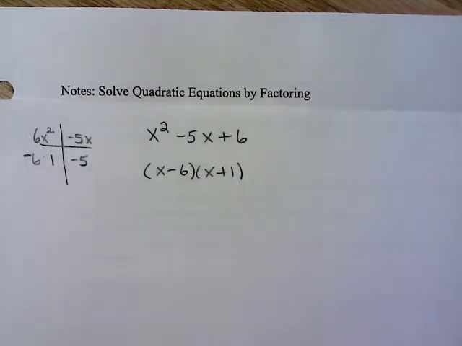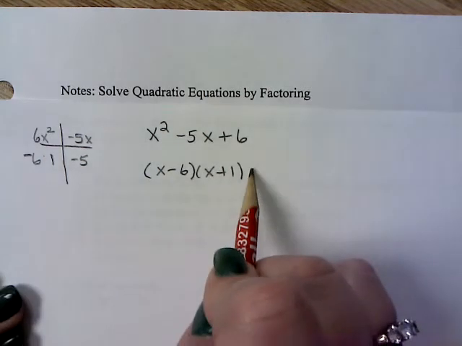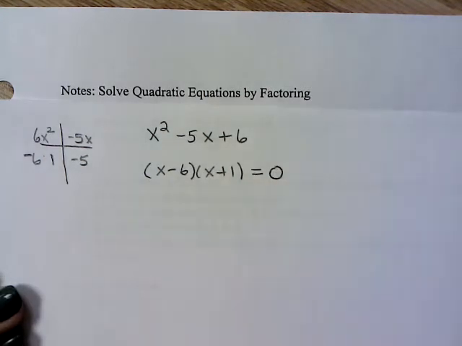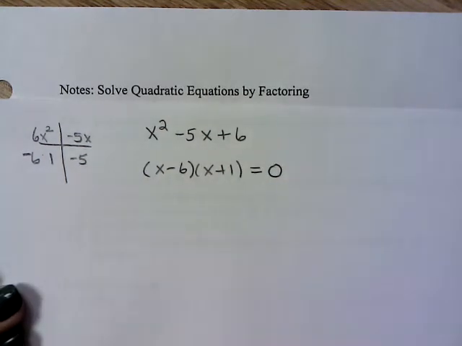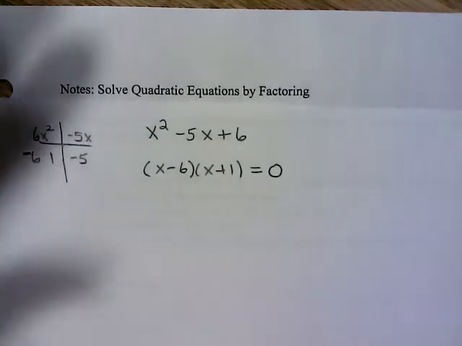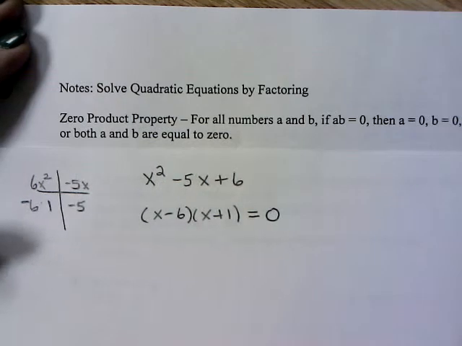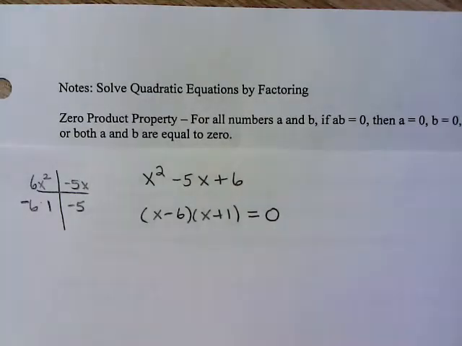Today we're extending this because we're going to have quadratic equations, which means I'm going to create an equation. I can create an equation just by equaling 0. Now, when I have this, there is something called the zero product property. It says for all numbers a and b, if a times b equals 0, then a can equal 0 or b equals 0.